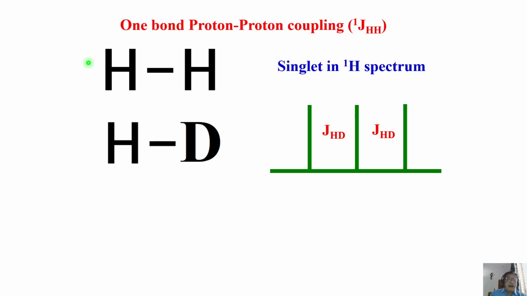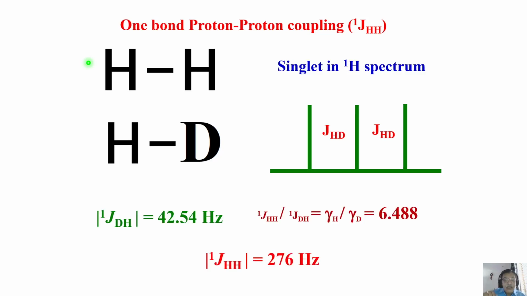So how does it solve my problem? Remember, in the carbon-13 satellites, when you are analyzing, you are directly getting JHH from the satellite analysis. But here we analyze this and we get JHD. So how does it solve my problem? There is a way you can get it.